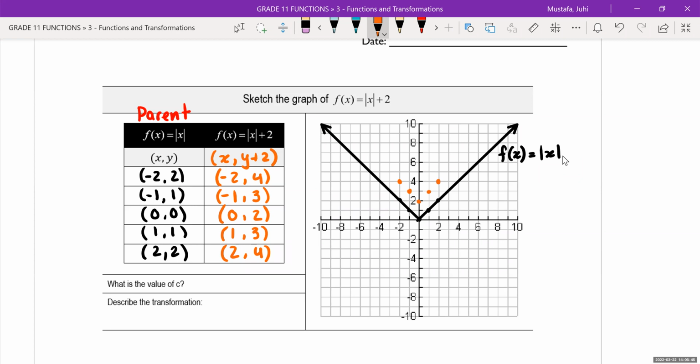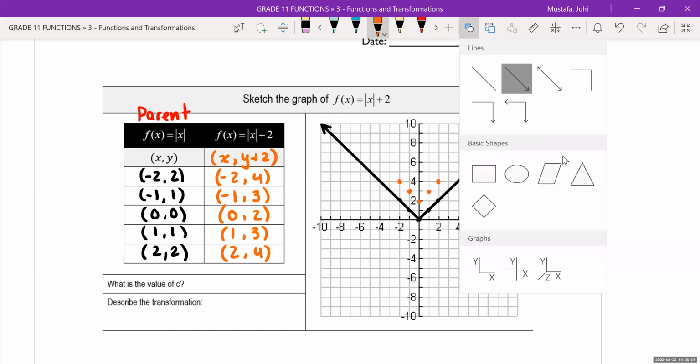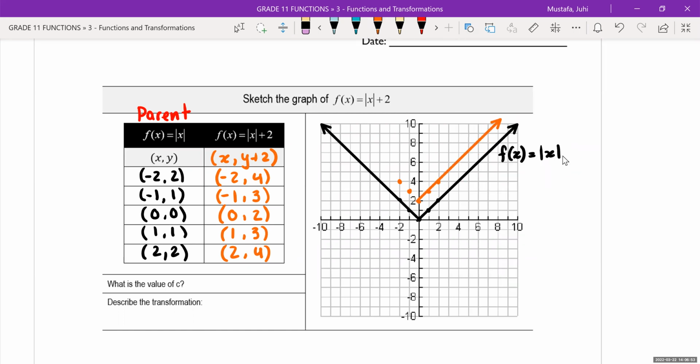And I can tell right away when I put my points, every single point has shifted 2, so I'm on the right track. And then arrows on both ends, and we're going to label this f of x is equal to absolute value x plus 2.